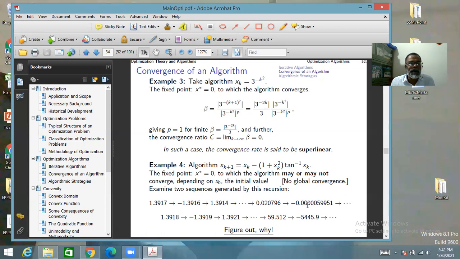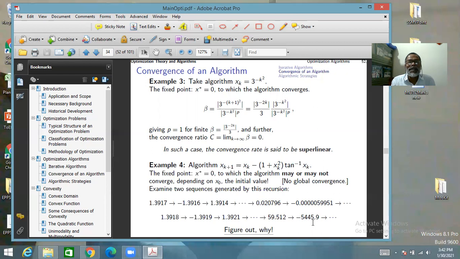It does go to 0. That is 1.3917. Now started from 1.3918, it gives this, then after a few more iterations, this, then this, it is going away. Okay, as far from 0 as it can. So, and it will go out.